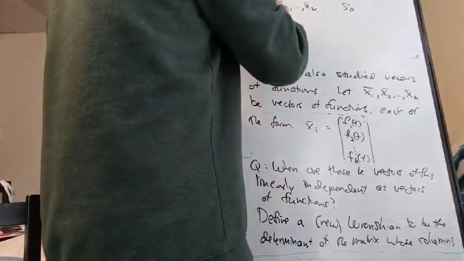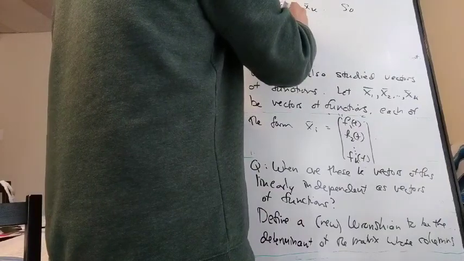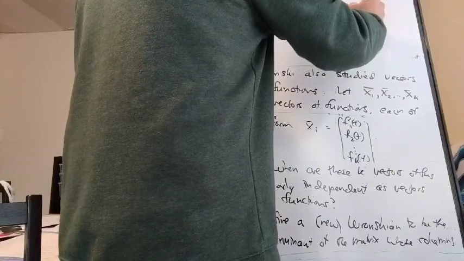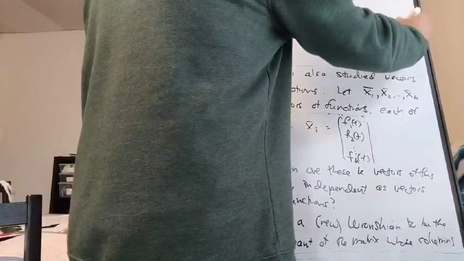So W of x1 through xk equals the determinant of the matrix that has x1 in the first column, x2 in the second column, and xk in the kth column.